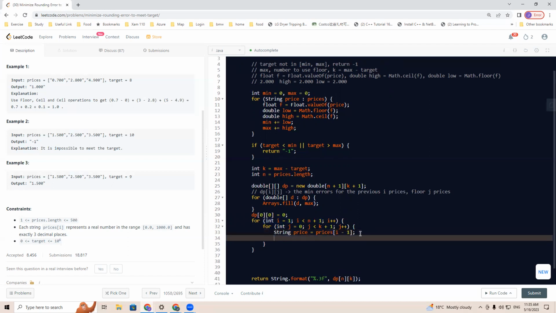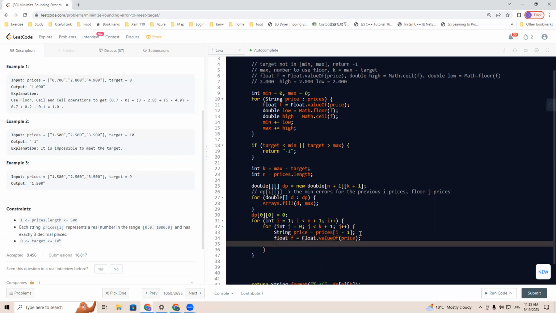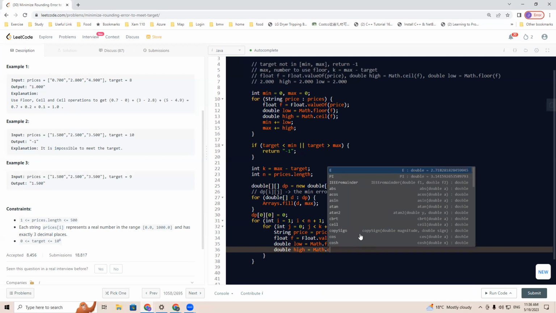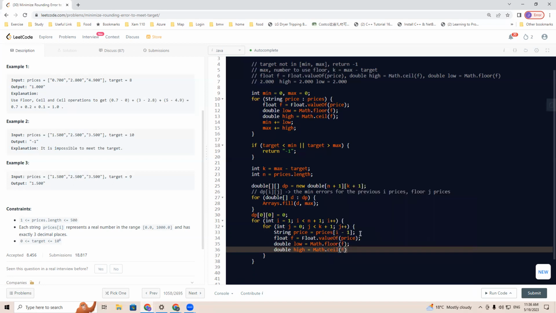So we'll have float f equals float value of price, and double low equals math dot floor of f, and double high equals math dot ceil of f.